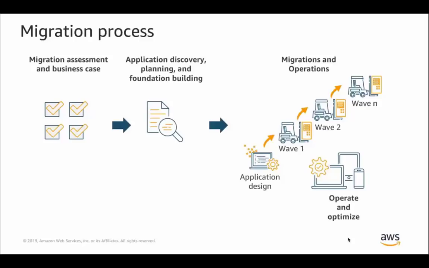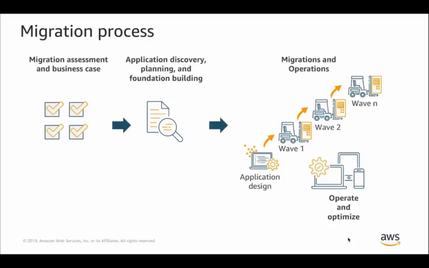From there, we typically move into a detailed application discovery that maps applications to servers, and we start putting together the foundations of a public cloud, which begins with constructs such as landing zones, security frameworks, people, process, and tools, updating operational runbooks so that our customers on-prem and the public cloud environment can operate seamlessly.